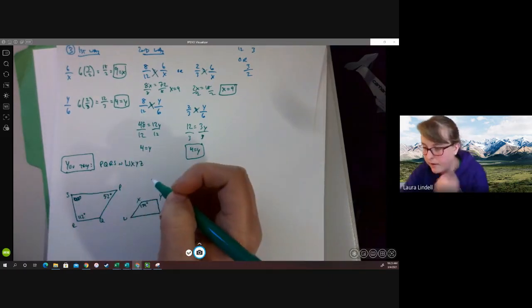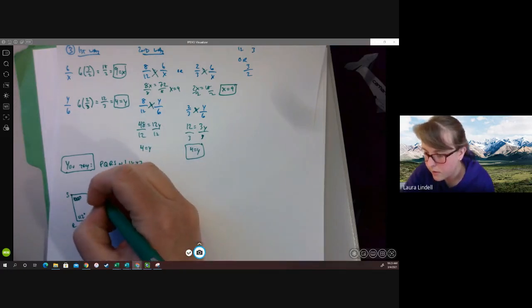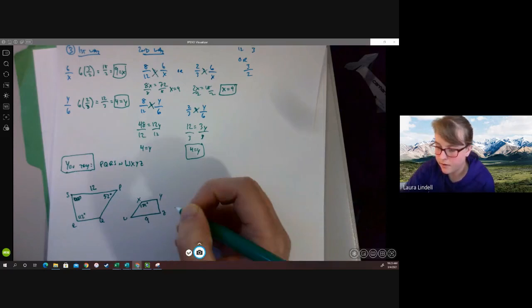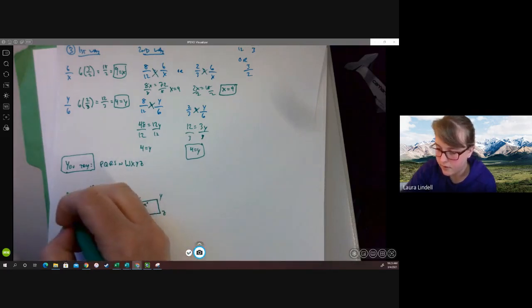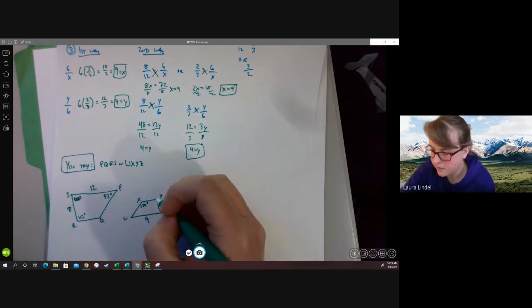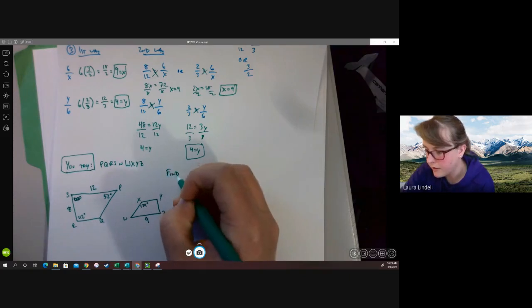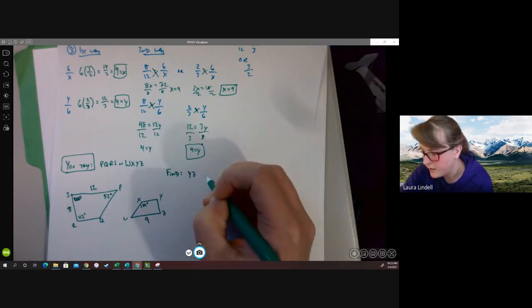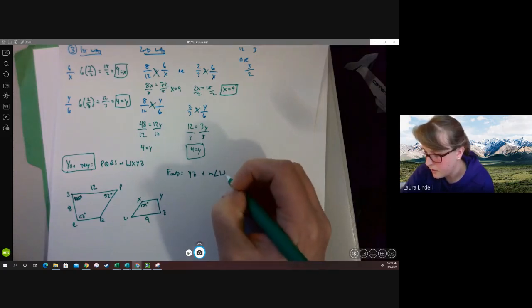And we'll have some side lengths as well. We'll go with this one is 12. Over here, we've got 9. And we'll say this is 8. And we are going to find YZ and the measure of angle W.